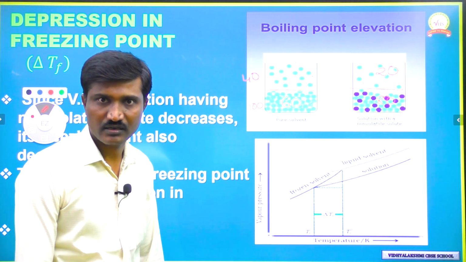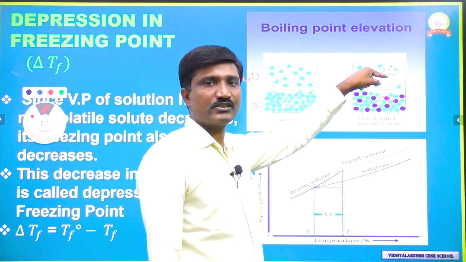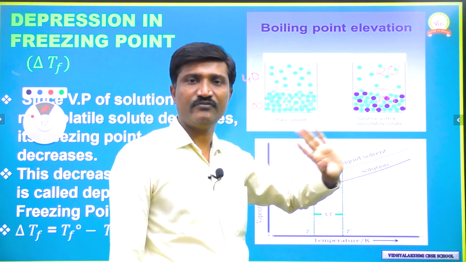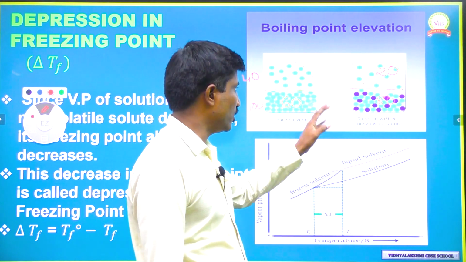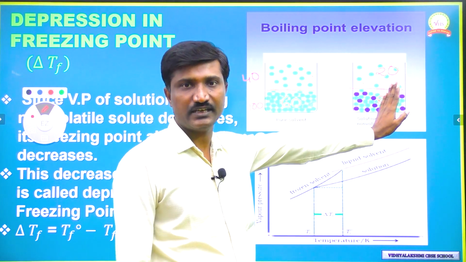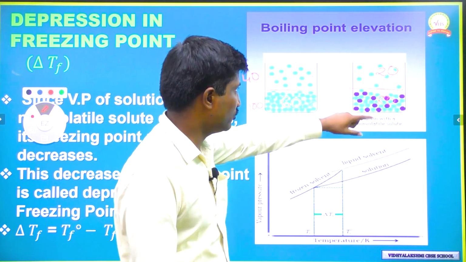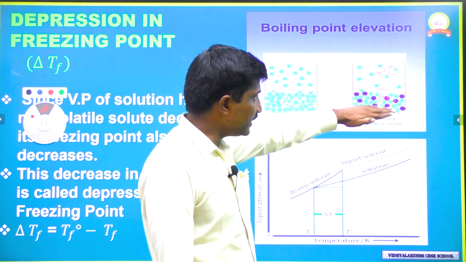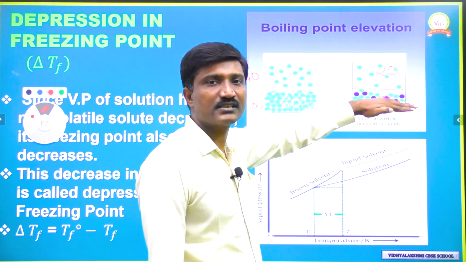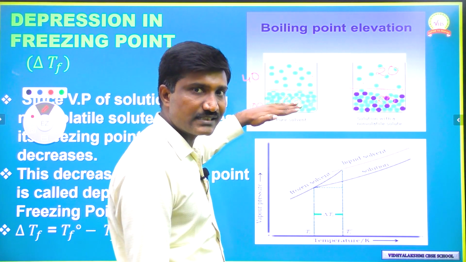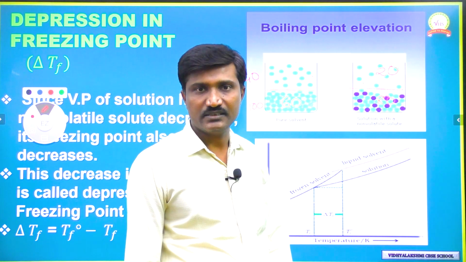Is it clear? Because when we are adding these solute particles, I am not changing the number of solvent molecules, so the total solvent number is also the same here. So the total 100 comes. In this, 80 liquid particles are present, but in the pure solvent only 60 liquid particles are present.